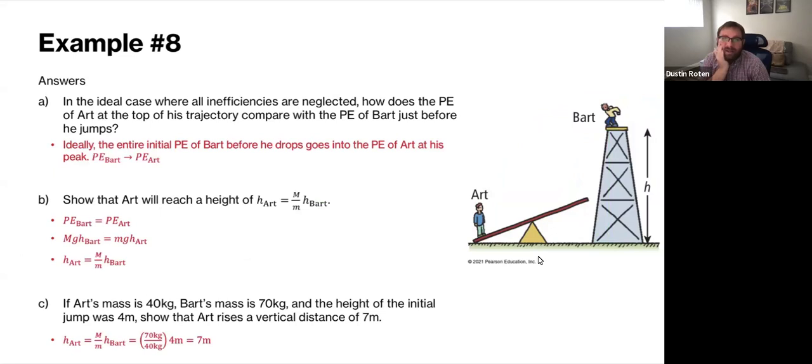if everything is taken care of, we don't have to worry about any of these inefficiencies. So if Bart jumps, what would happen is Bart's potential energy, when he gets to the bottom, becomes all kinetic energy.